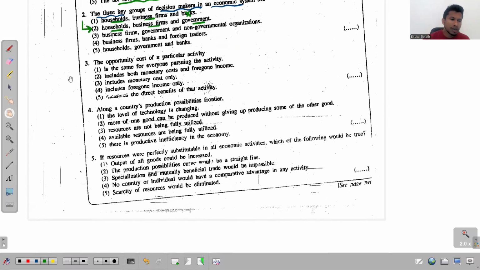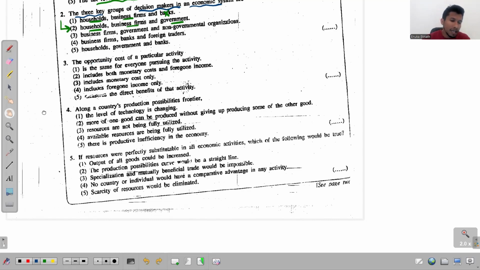Right. Now look at this question 3. It says the opportunity cost of a particular activity. In the last paper, the 2014 paper, we discussed one question related to opportunity cost. There you learned the meaning of opportunity cost.